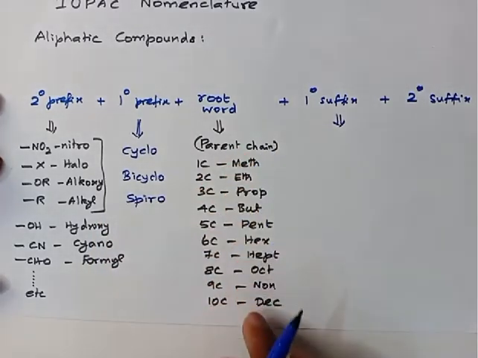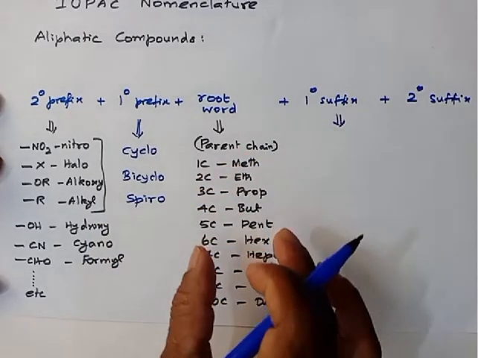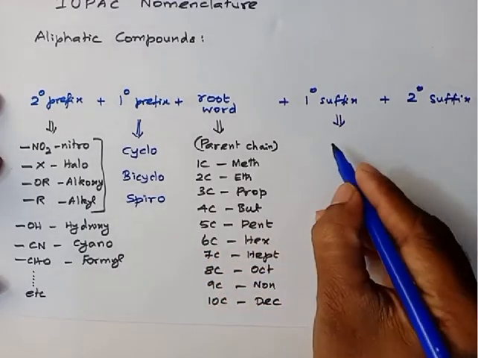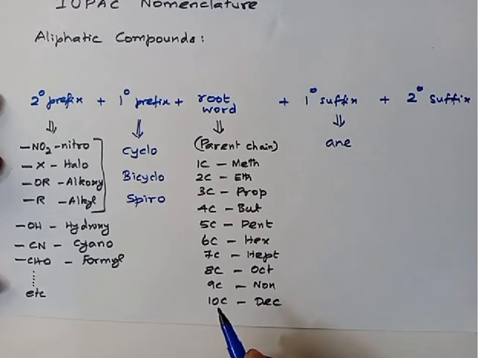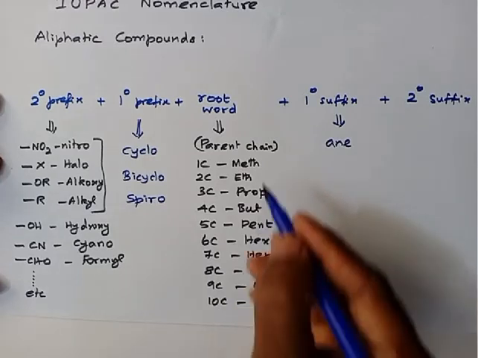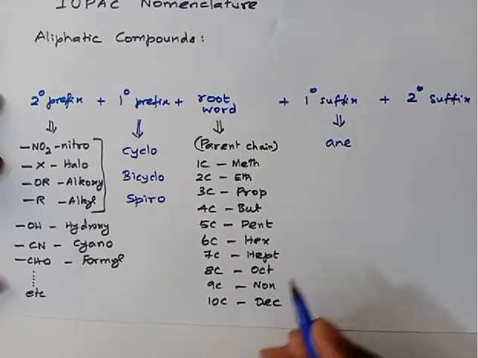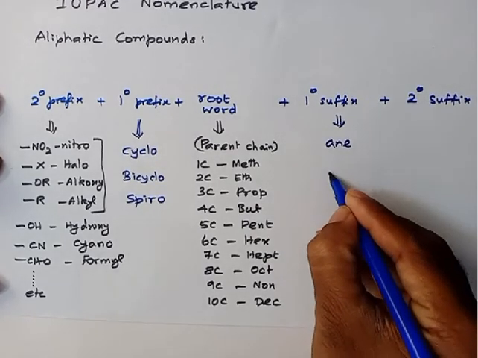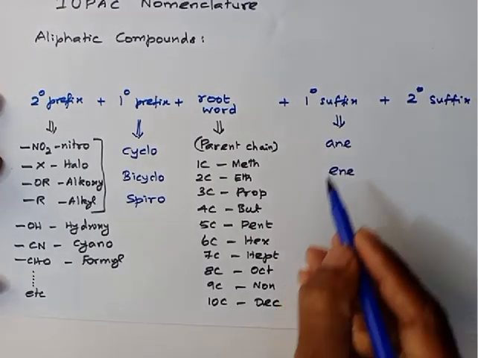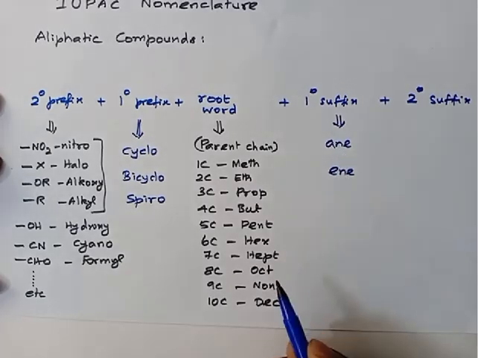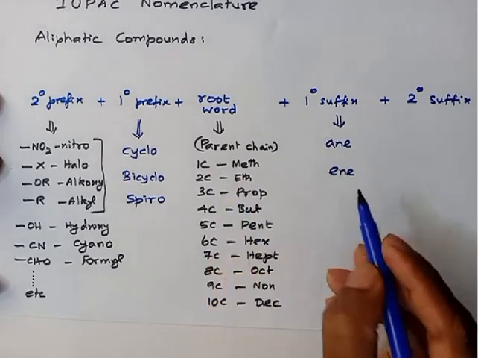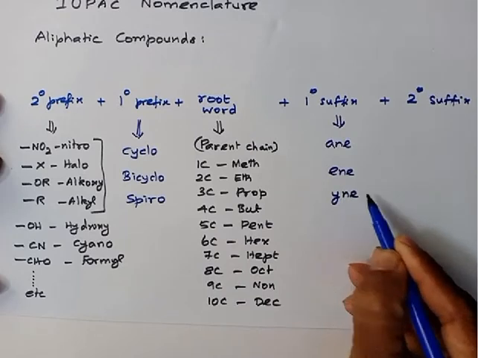If all the bonds between carbon atoms in the parent chain are single bonds, we use the primary suffix -ane. Suppose there is a double bond present, then we use the suffix -ene. For single bond we use -ane, for double bond we use -ene, and for triple bond we use -ine.